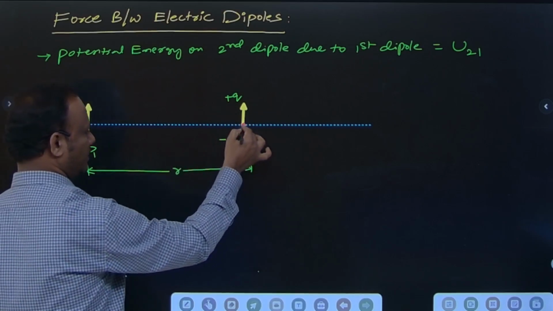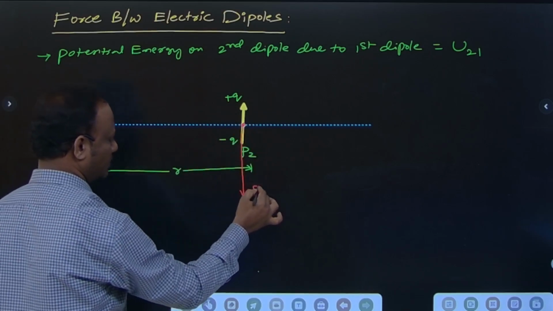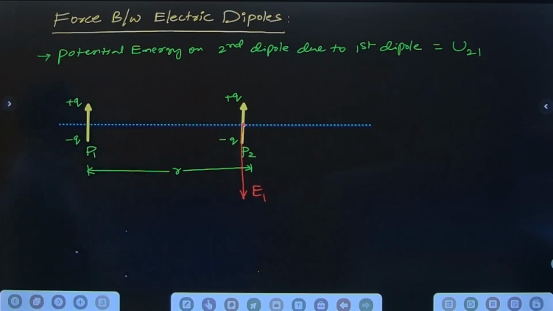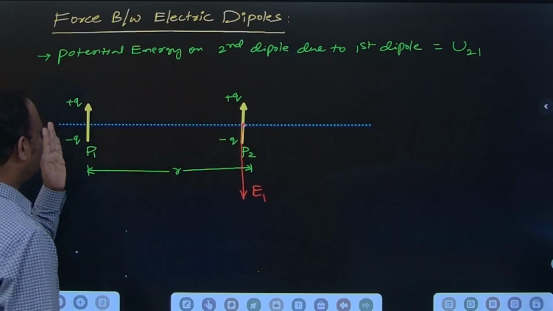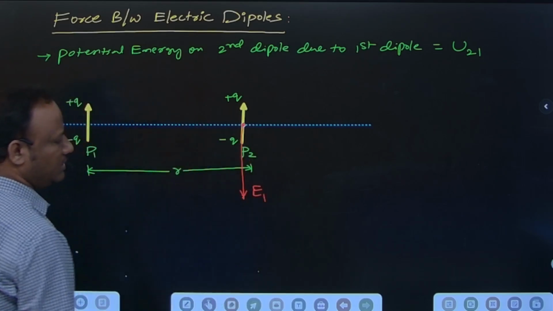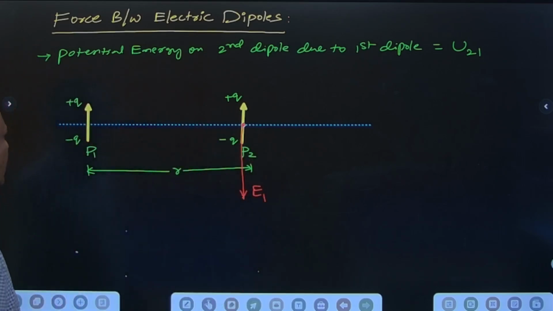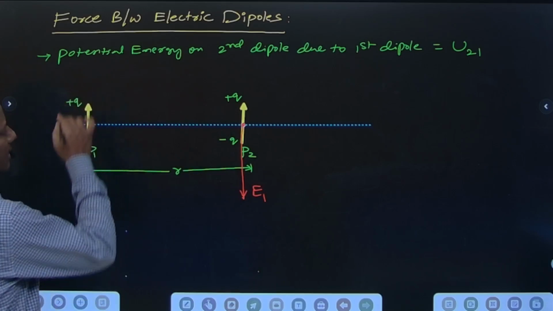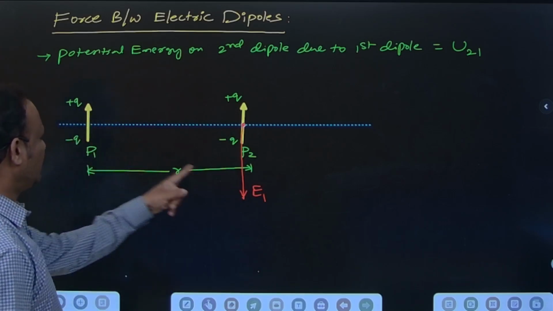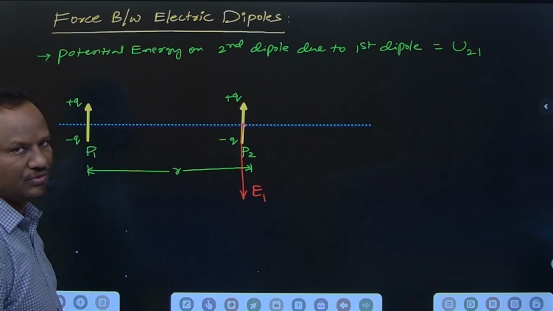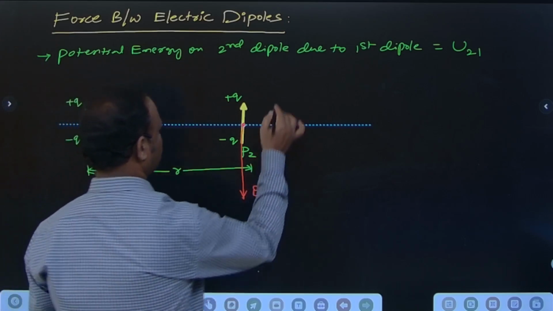The resultant is downwards. This is E1, the electric field created due to the first dipole on the second, and it is downwards. The first dipole P1 is upward. What is the angle between P1 and E1? The angle theta is equal to 180 degrees.